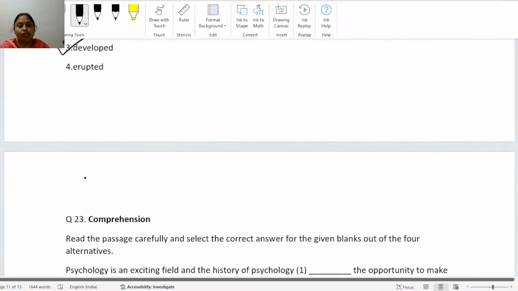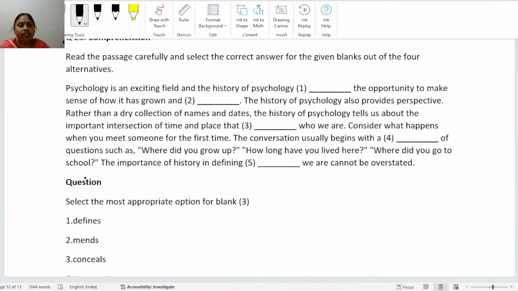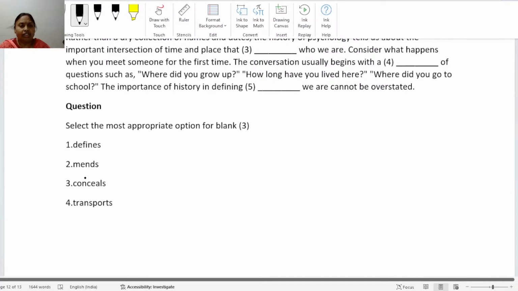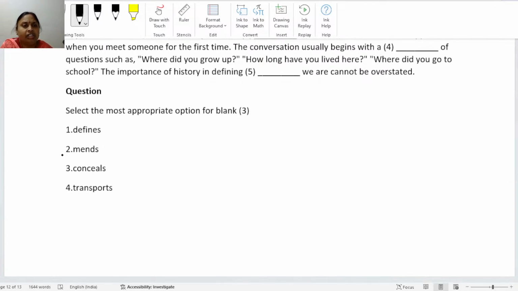So next we will go for the third fill in the blank. The history of psychology also provided perspective. Rather than a dry collection of names and dates, the history of psychology tells us about the important intersection of time and place that defines who we are.